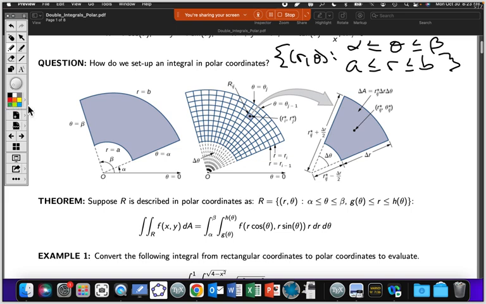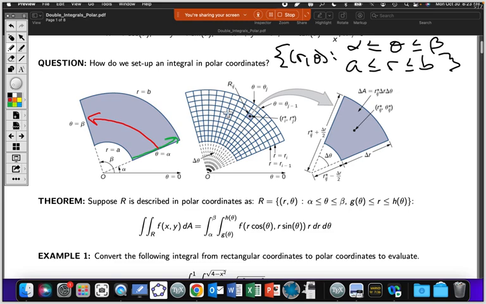So I've got my r here going from a to b, and then I've got my theta rotating from alpha to beta, and that's going to sweep out that arc. If I do the same thing I did before with x's and y's and chop up the x's and the y's, now I chop up the r's, so I'm chopping up the radii, chopping things up in the r direction.